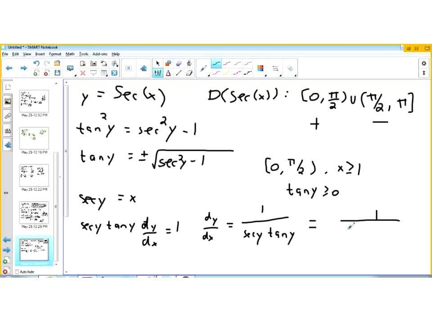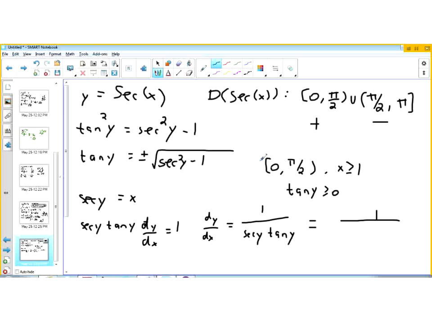Okay, so we'll have 1 divided by, so if we're on the interval from x equals 0 to pi halves, then the tangent of the output of that particular x.